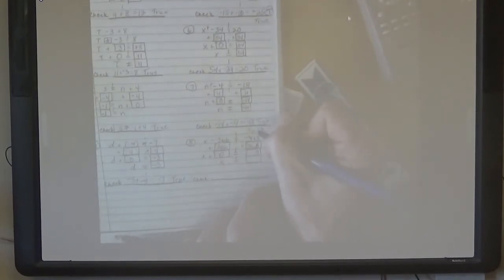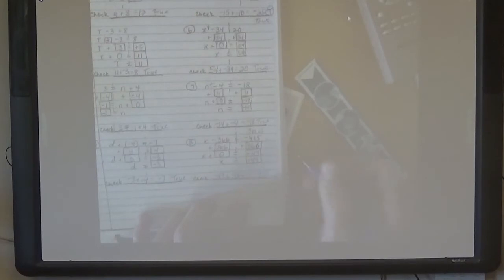Give that 10 to the previous place. 10 minus 6 is 4. The bigger number is negative, so it's a negative answer, negative 49. Negative 49 plus negative 366 is negative 450.